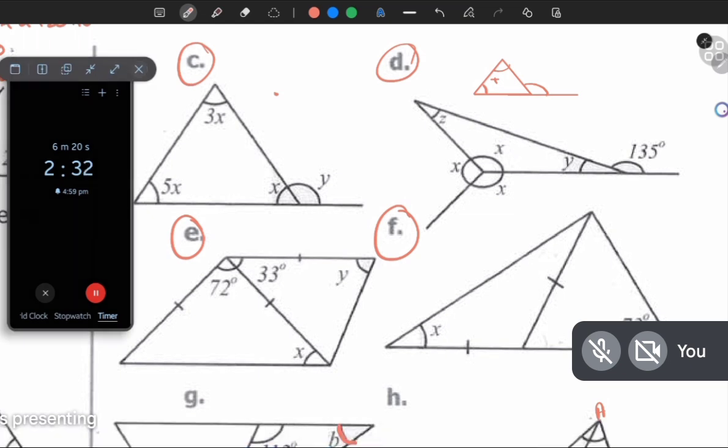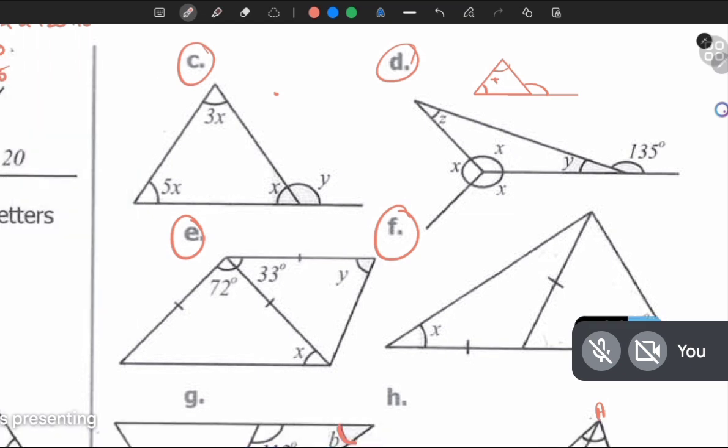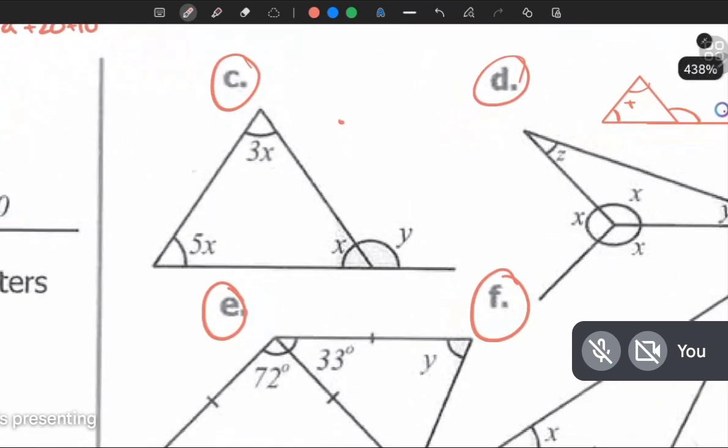We're going to have to do some basic algebra here. We've got y, we've got 3x, we've got 5x. Can we add all of these together? Yes. So what do we get? It's 1x plus 3x plus 5x. It's 1 plus 3 plus 5.